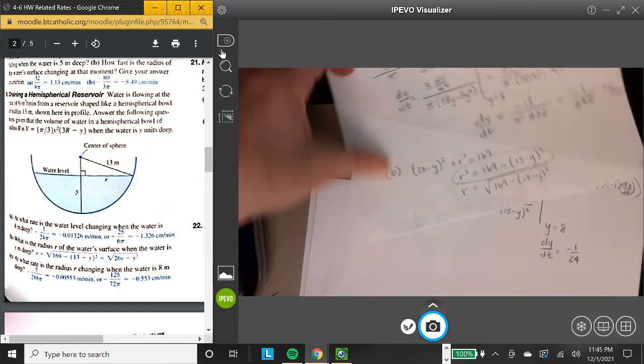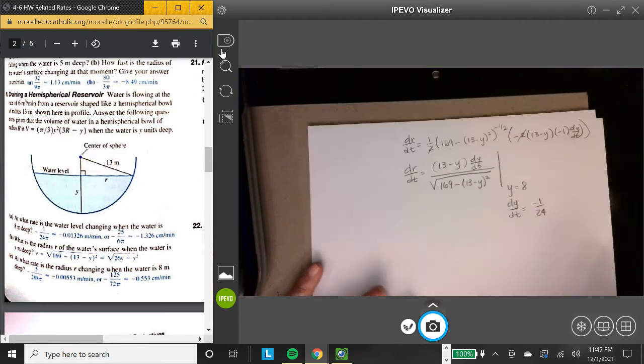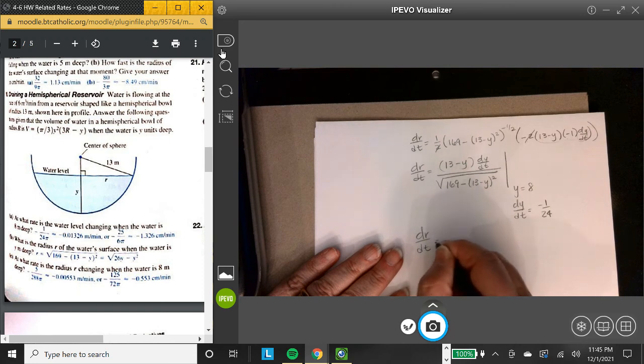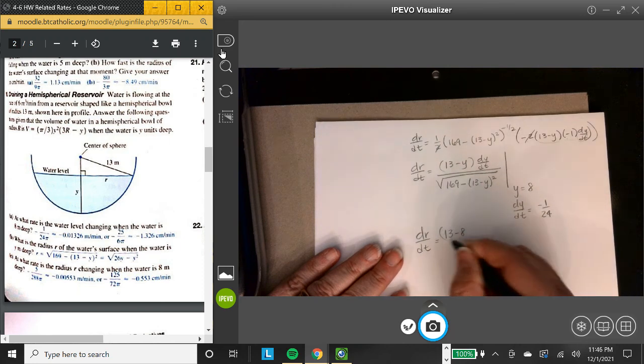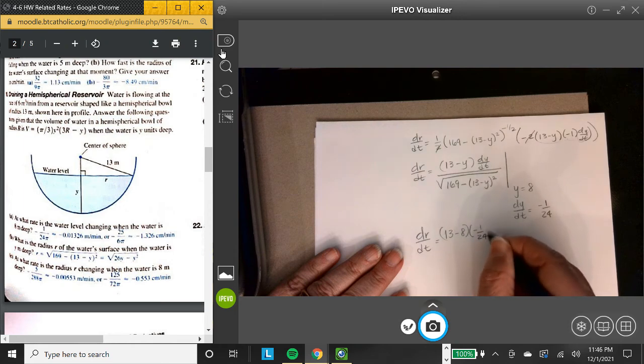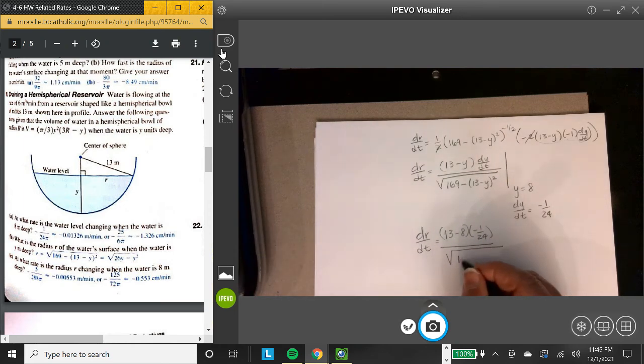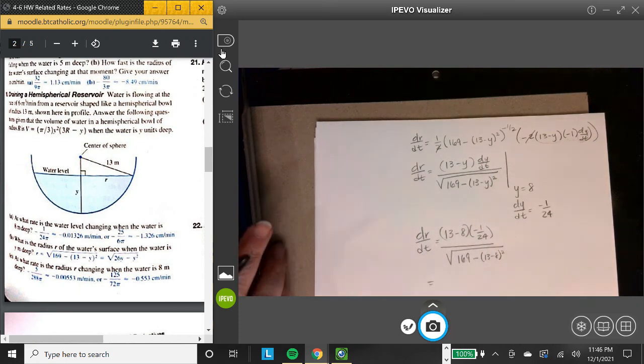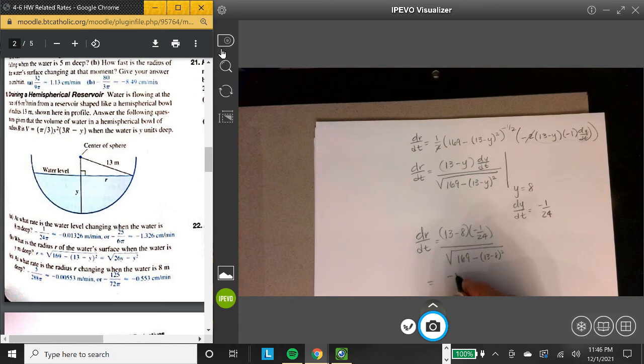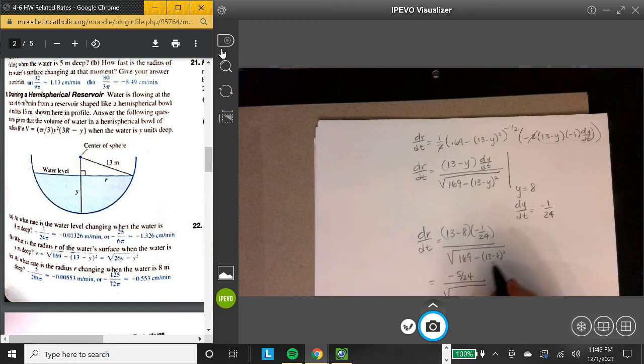Let's plug in what we know. dr/dt equals (13 minus 8) times negative 1/24, over the square root of 169 minus (13 minus 8) quantity squared. 13 minus 8 is 5, so the numerator is negative 5 over 24, and the denominator is the square root of 169 minus 25, which is 144. The square root of 144 is 12.